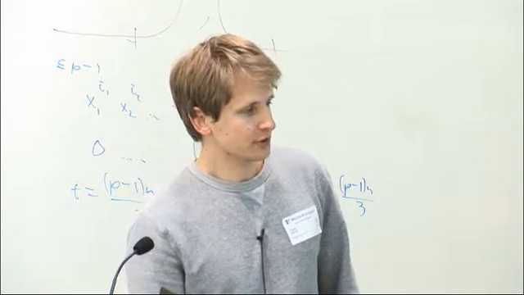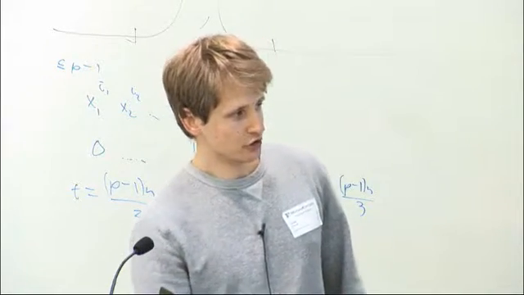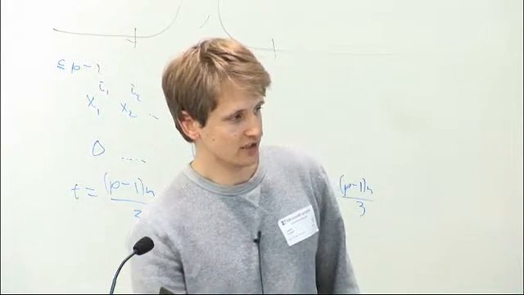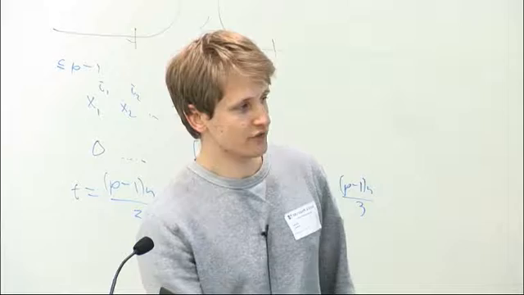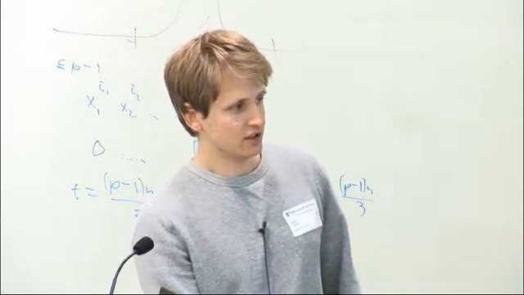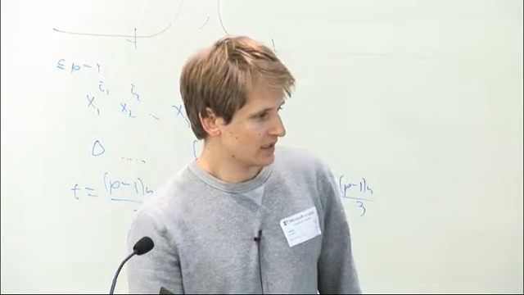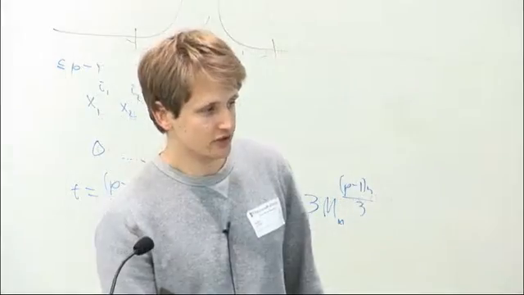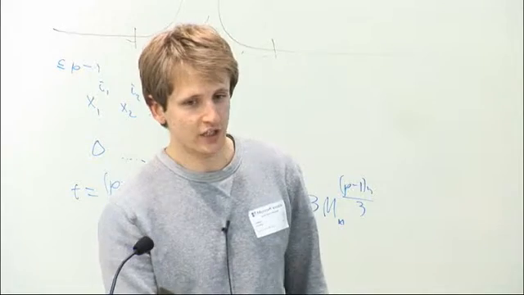And so for an explicit c, something like 1 over 100 or 1 over 1,000, we show that the expectation of the size of x tilde is at least a constant times the expectation of the size of x prime. And further, it's not difficult to show that the expected density of x prime is up to small errors about the same as the density of x.